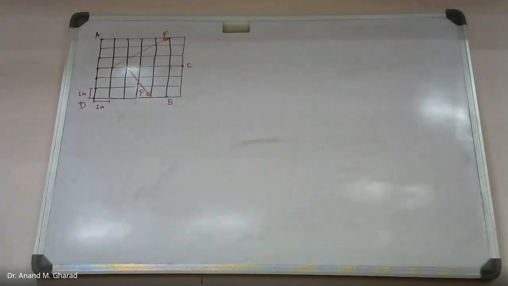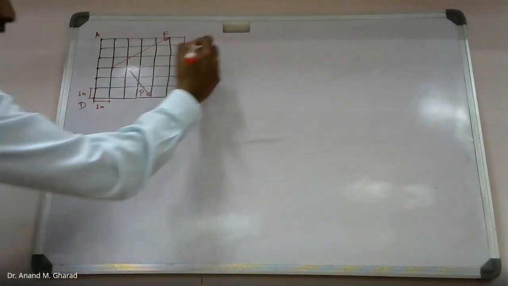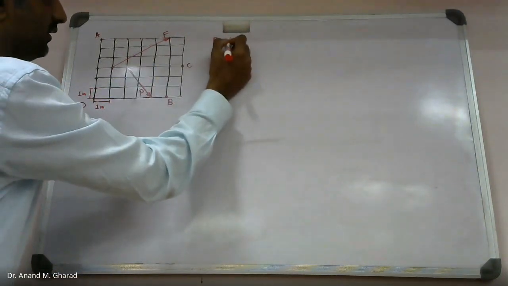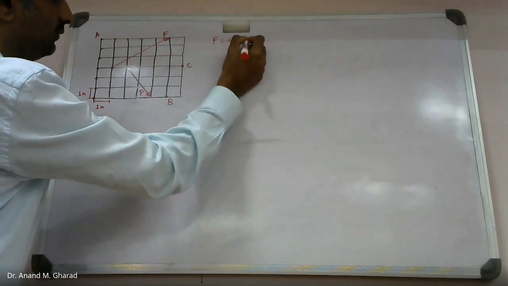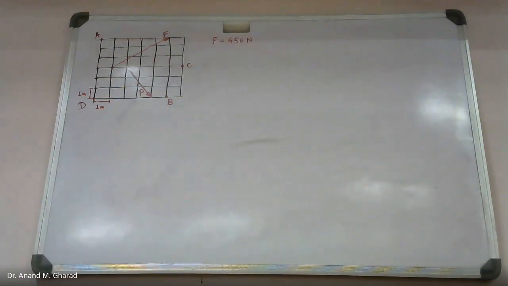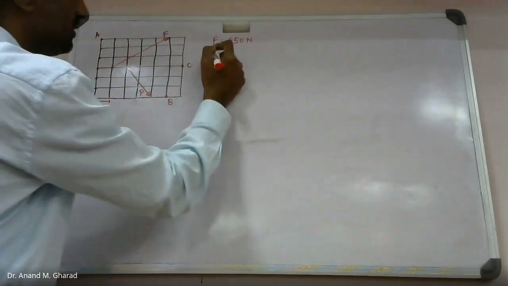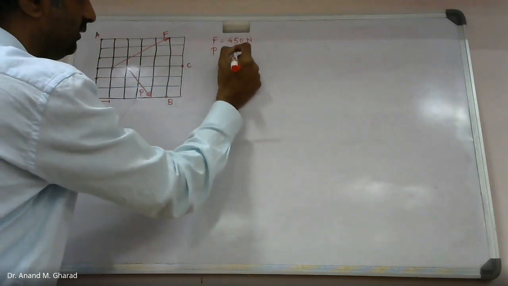This problem statement consists of a few more things. Capital F is given as 450 Newton. Capital P is given as 361 Newton.